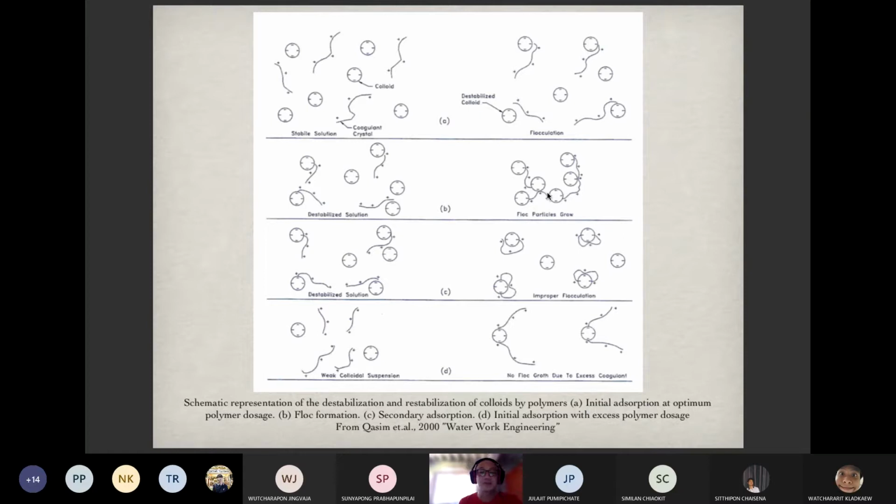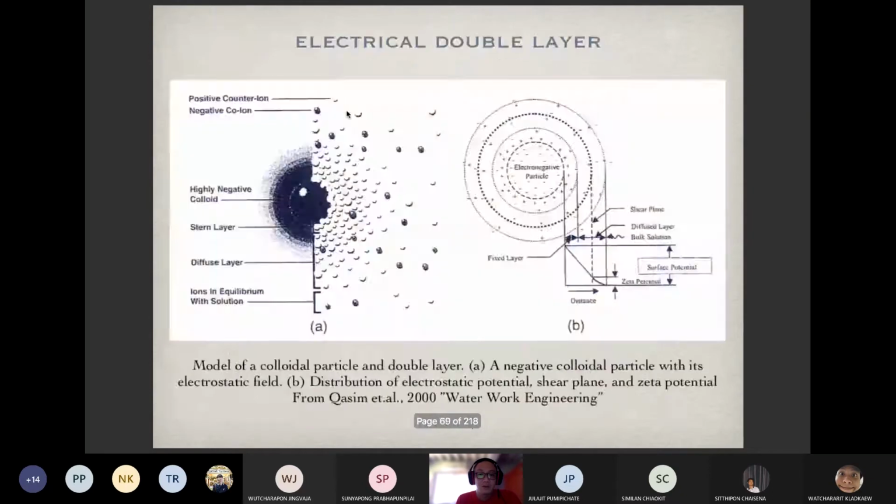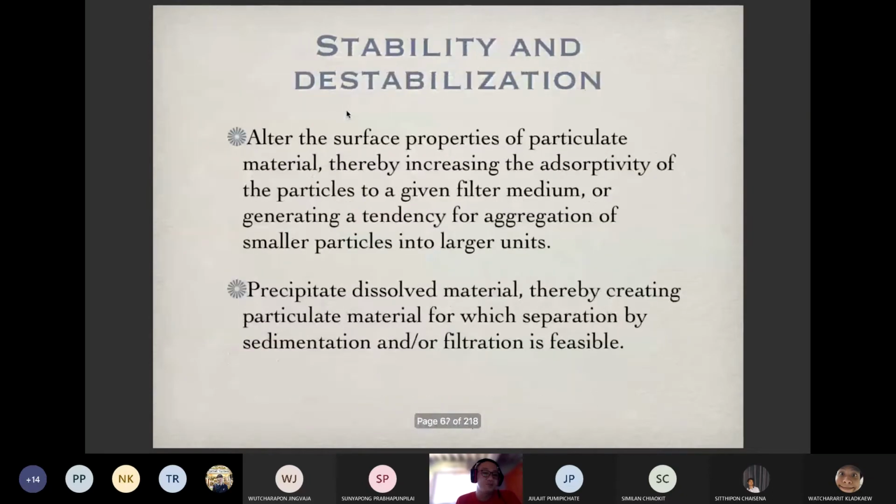So for particles that are suspended in water, we can say that they just remain suspended. They will not precipitate or settle unless we modify their surface characteristic.